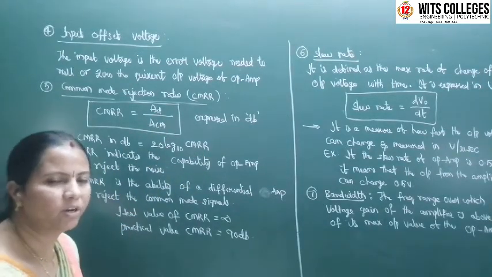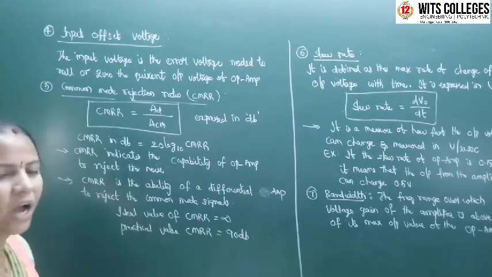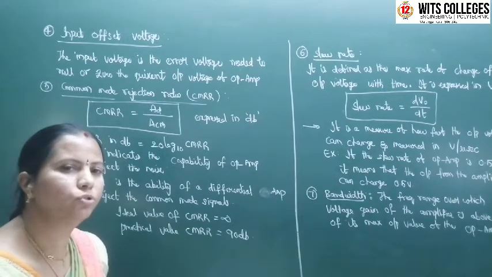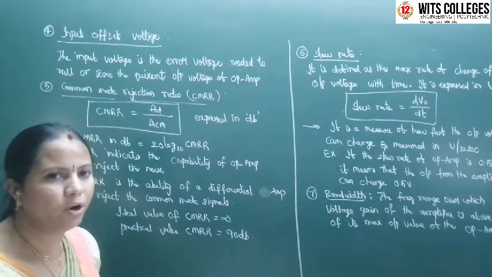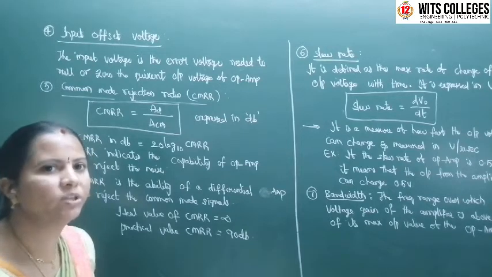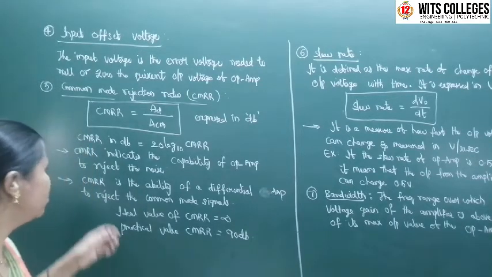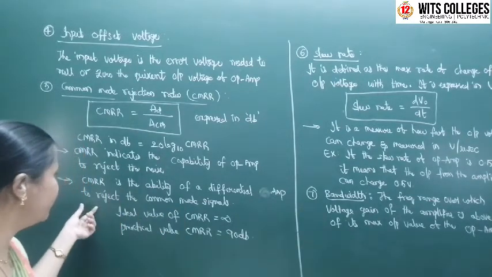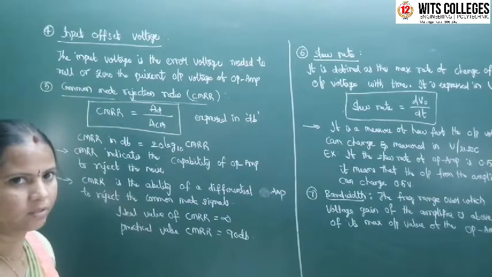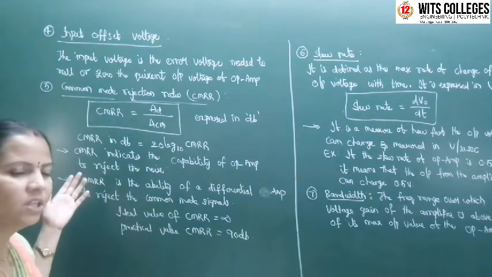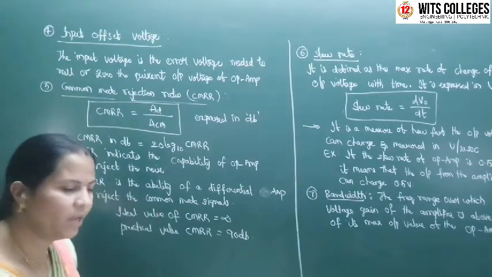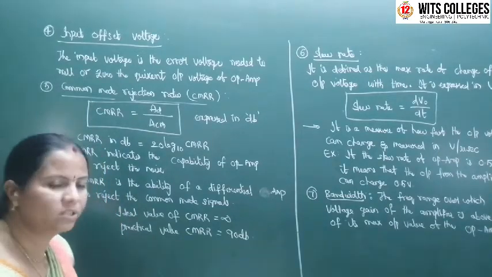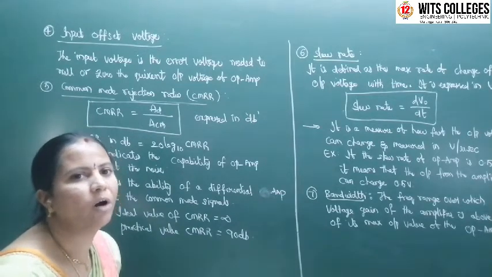This common mode rejection ratio indicates the capability of the operational amplifier to reject noise. CMRR is the ability of the differential operational amplifier to reject common mode signals.